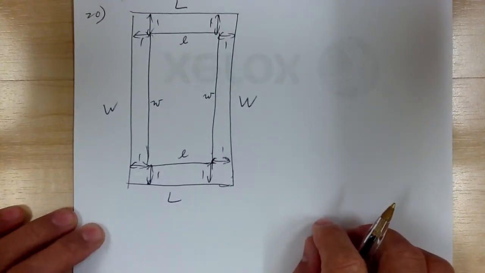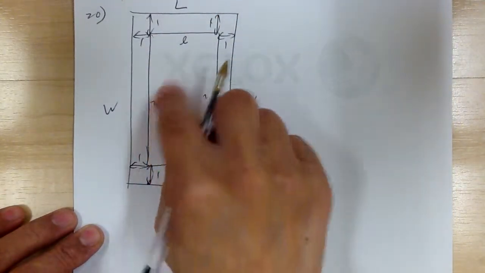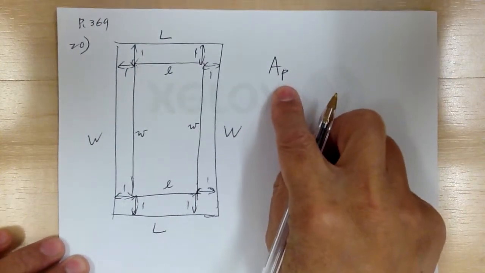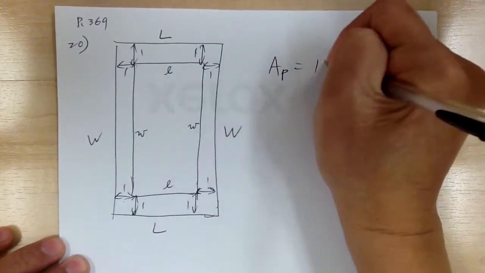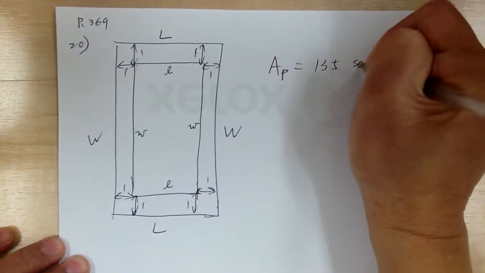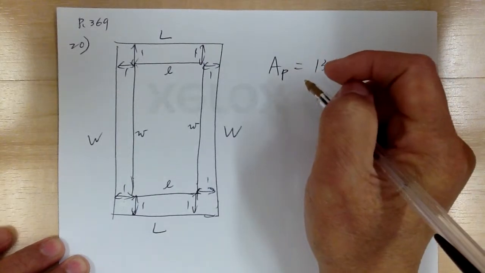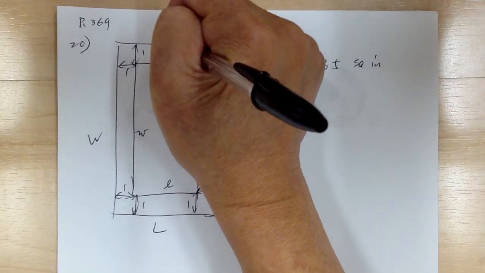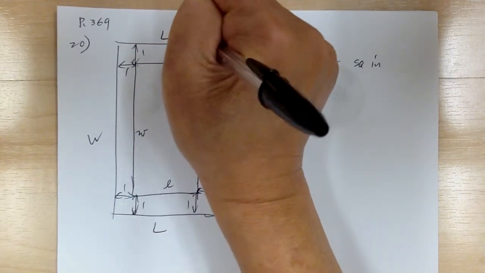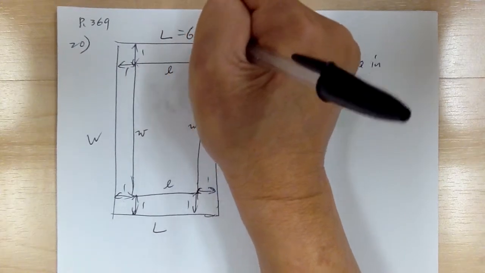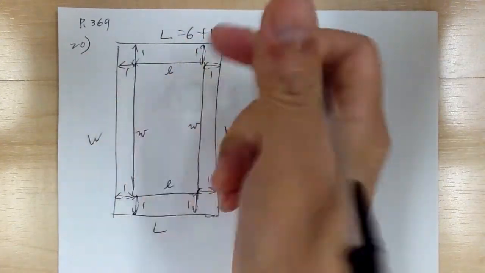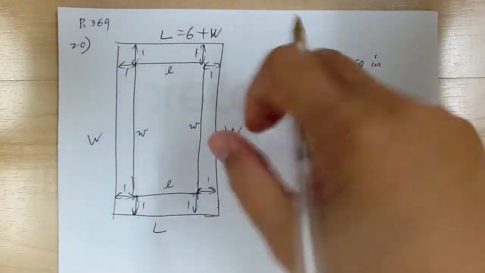Here it says the area of the print. So the area of the print is inside. So area of the print is 135 square inches. Okay, it says if the length of the outside of the border is 6 more than the width. Okay, so obviously this one, I guess we have the length and width reversed, but it doesn't matter.